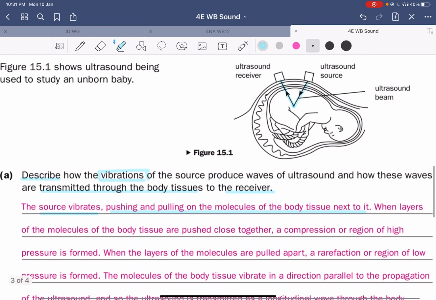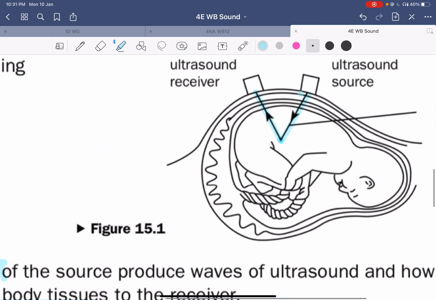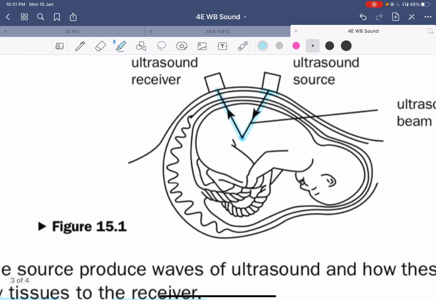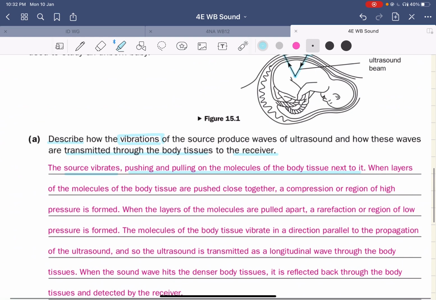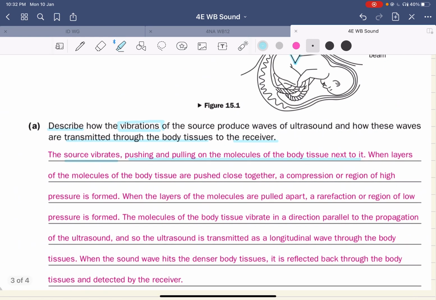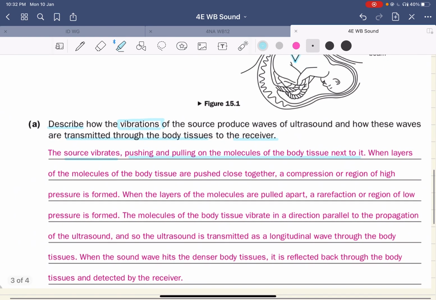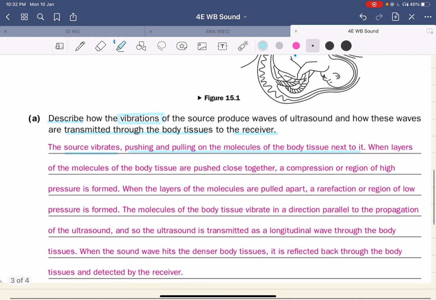The source is actually making contact with the belly of the mother, so it vibrates the molecules of the body tissue with which it is in direct contact.